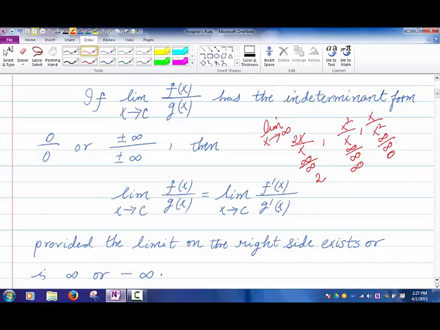So I have the same indeterminate form, infinity over infinity, but depending on how these functions behave, in the third case the denominator is going to infinity faster than the numerator, so that's why you're getting 0. In the middle case, the numerator is going to infinity faster than the denominator, so the limit is infinity.